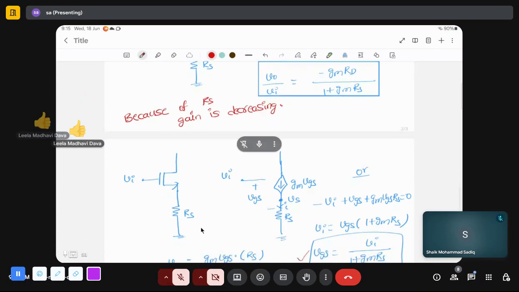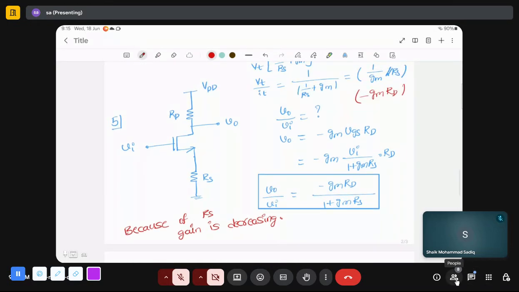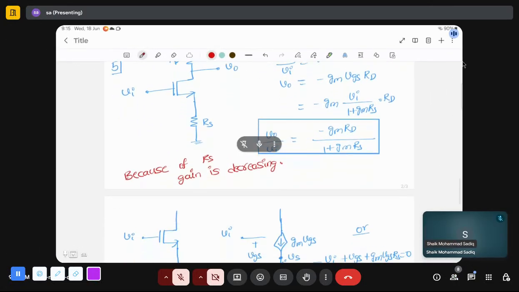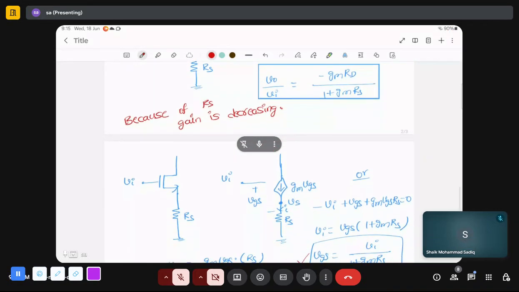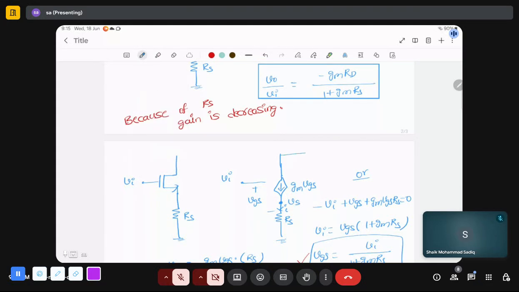Regarding the above part, how did you do V naught is equal to minus GM VGS RD via small signal analysis? If I connect RD here, this node potential is minus GM VGS into RD, right?